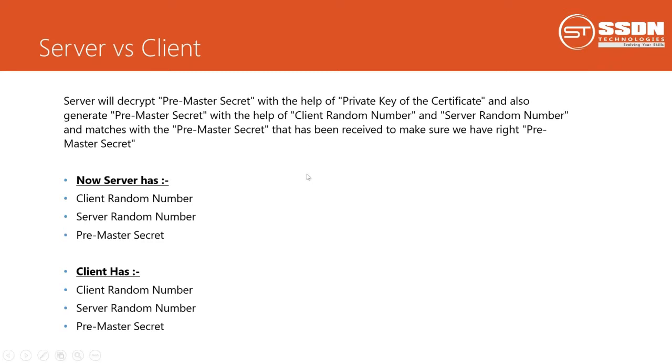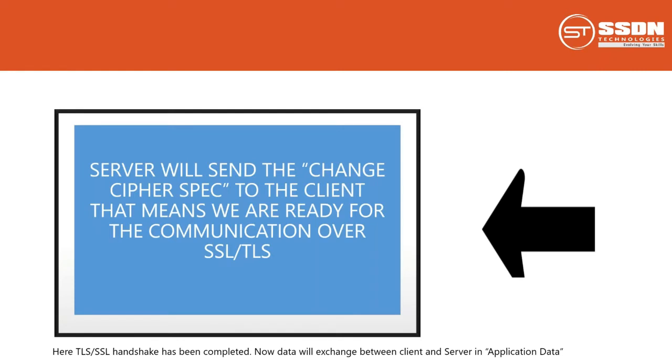Now, with the help of these three things, the client and server will generate the master secret. And the master secret would be the same on both machines because it is calculated by mathematical calculations using the client random number, server random number, and pre-master secret, which are the same on the client and on the server.